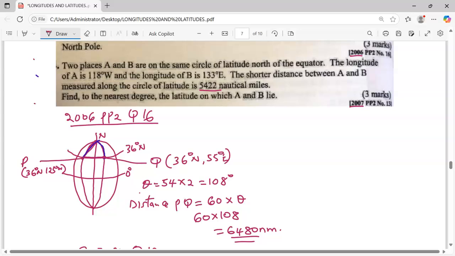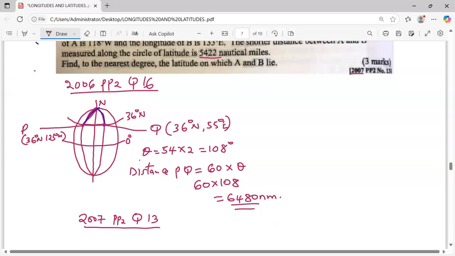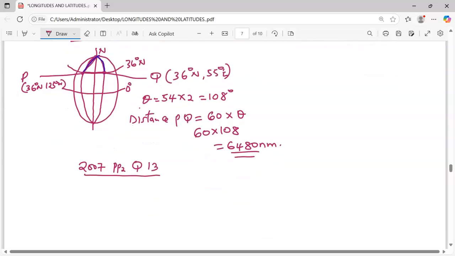In this case, we know that distance in nautical miles will be given by alpha multiplied by 60 cos latitude.